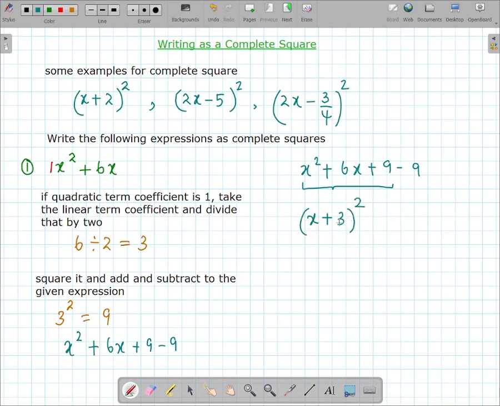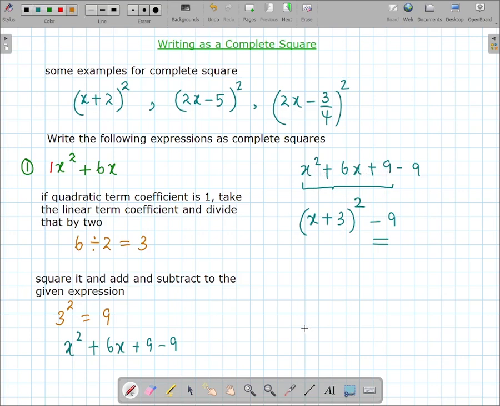This is the complete square. Then remaining minus 9. So x squared plus 6x can be written as (x plus 3) whole squared minus 9. We can check whether (x plus 3) to the power 2 becomes x to the power 2 plus 6x plus 9.